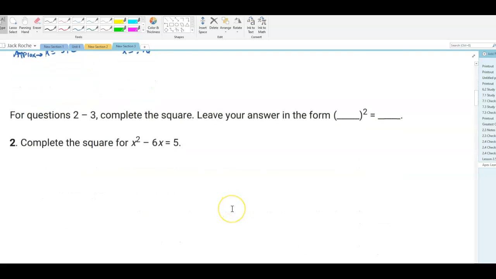Alright, so here, when we complete the square, one thing you have to know before we do this is, if I take this statement, 3 equals 3, if I do something to one side, add 5, this is no longer true. But if I add it here, and I add it here, now it remains true.